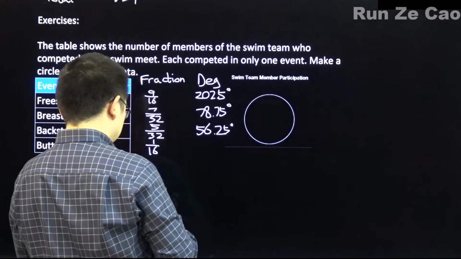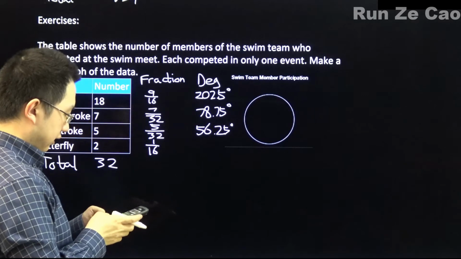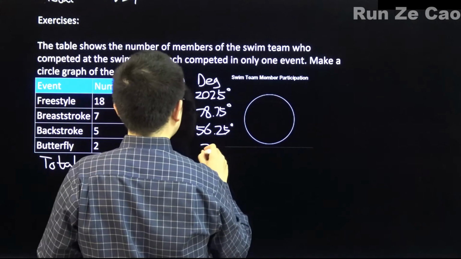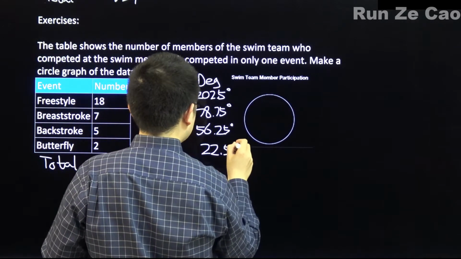And 1/16, i.e. 360 divided by 16, we would have 22.5 degrees.